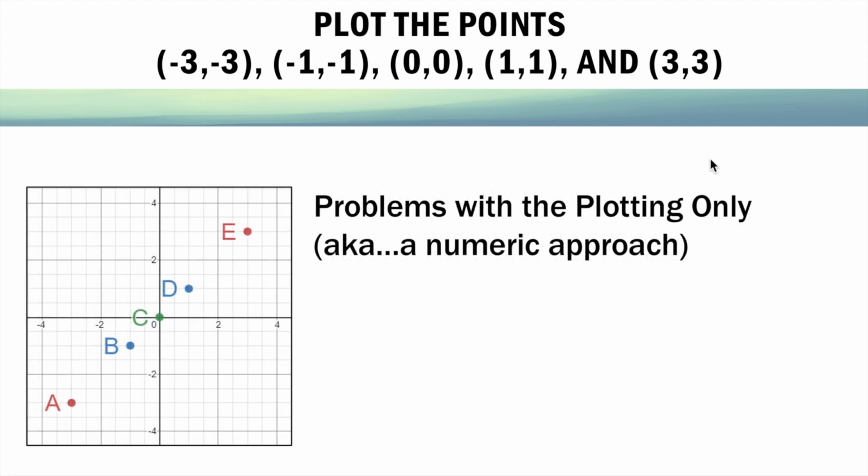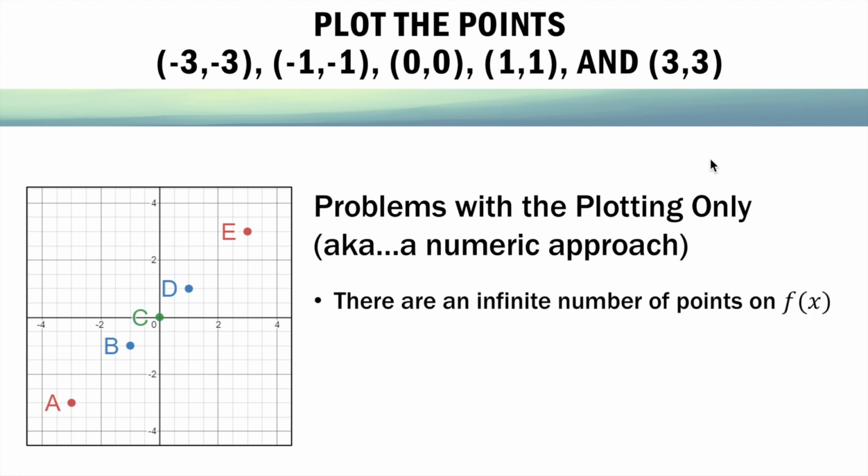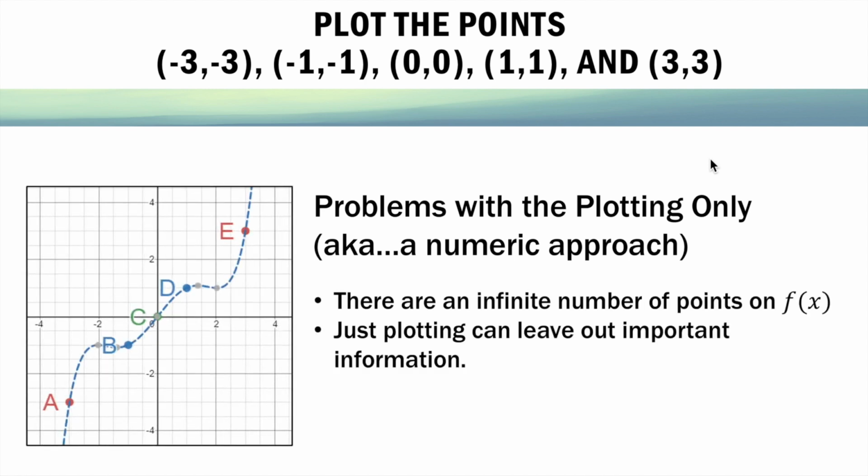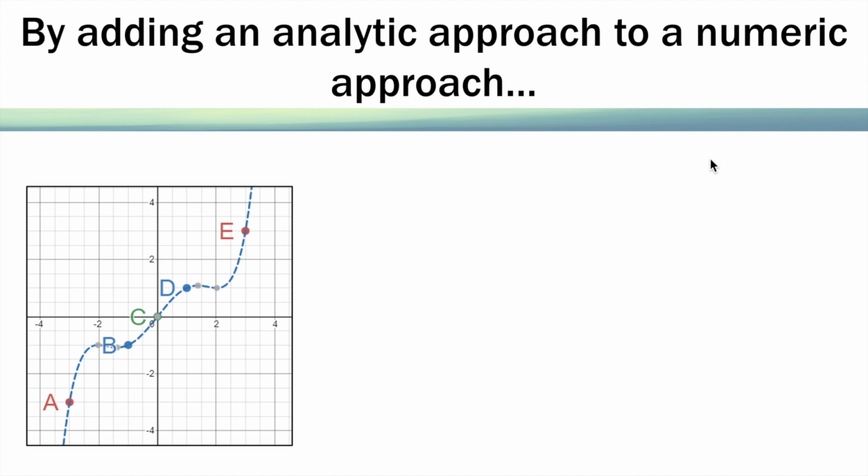Well, that's part of the problem with just plotting points or just looking at the numbers, because there's an infinite number of points on any given function, and just plotting a couple points can leave out some very important information. So now we're going to add an analytic approach on top of that.